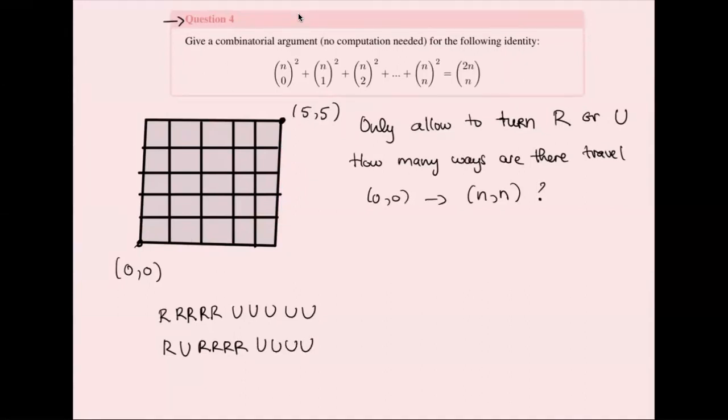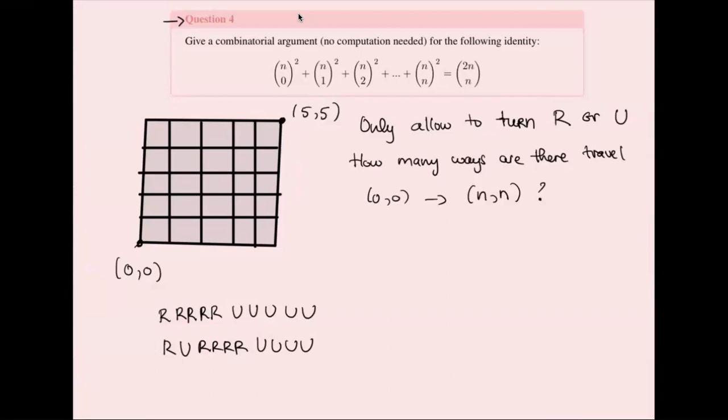You will realize that no matter what path you take, you will have to turn right exactly 5 times, and you will have to go up exactly 5 times. The difference is just the order in which you turn right and go up. So it's just the number of ways that you can arrange this sequence of characters.